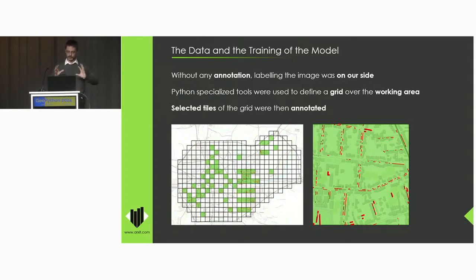So we started with this base grid, and this base grid was really used to define the area on which we will perform the manual annotation of the images. So you can see on this image the green cells are the cells that we use to make this manual annotation, so to really spot each and every ranking area that was present on the images, to build a ground truth that will then be used as a base to build a corpus to fine-tune the model.